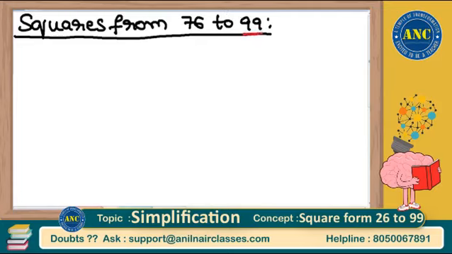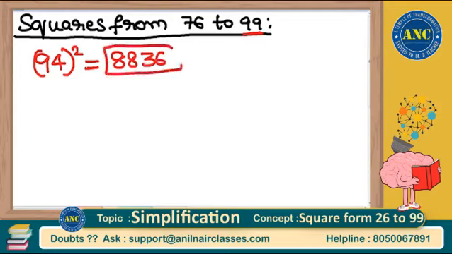In this, I already taught you 94 square. 94 is a number between 76 to 99, where we used a square minus b square concept. Now see here, sir. 94 square is nothing but 94 minus 6 is 88. 94 plus 6 is 100. 88 into 100 is 8800. 6 square is 36. It is 8836.